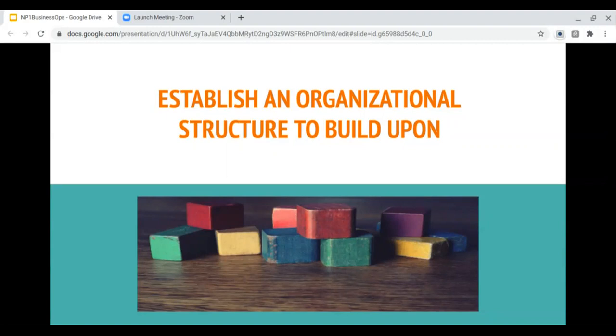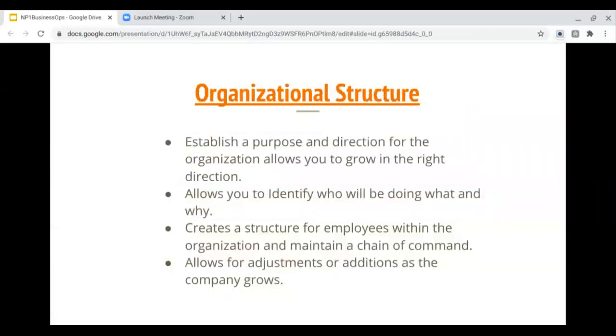But as your organization grows, it's important to have in writing a plan to kind of see what that growth will look like as a visual. So it just, like I said before, establishes a purpose and direction for your organization, allows you to grow in the right direction, allows you to identify who will be doing what and why.